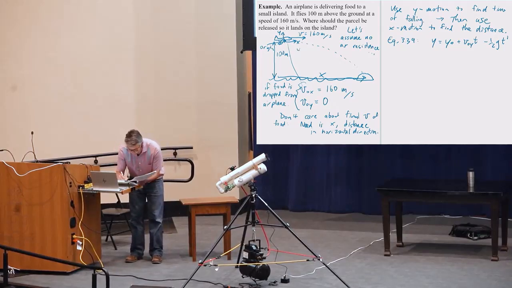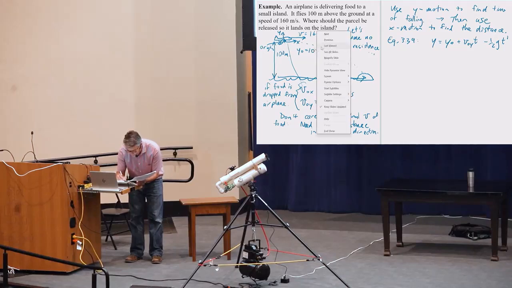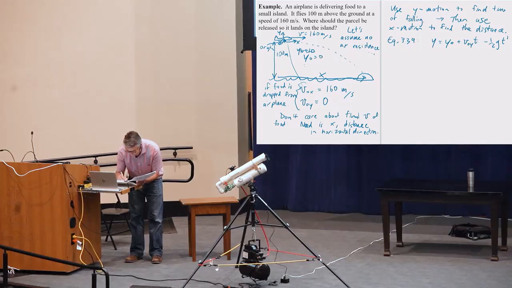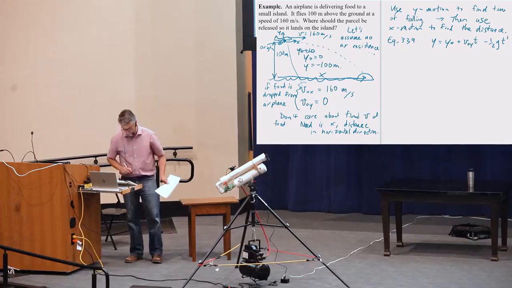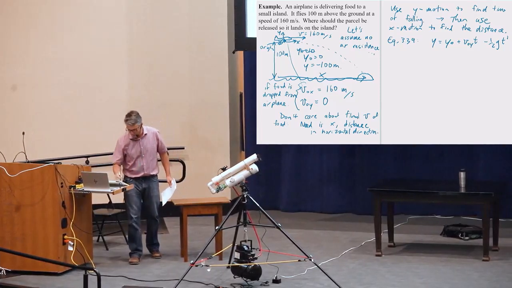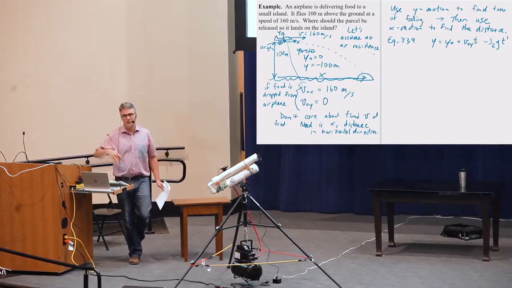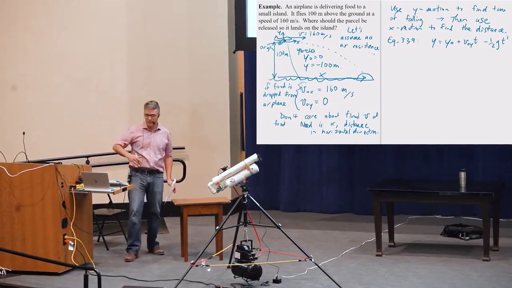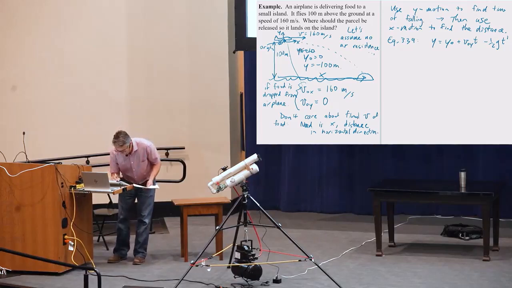So what this means is that y0 is equal to actually 100 meters. Oops. No, wrong. y0 is equal to 0, and then y final is negative 100 meters. Maybe that's not the best way I could have done it. I could have defined the origin to be just below the plane, and then y initial would have been plus 100. But let's do it this way.